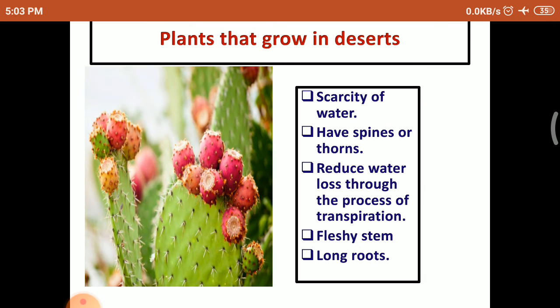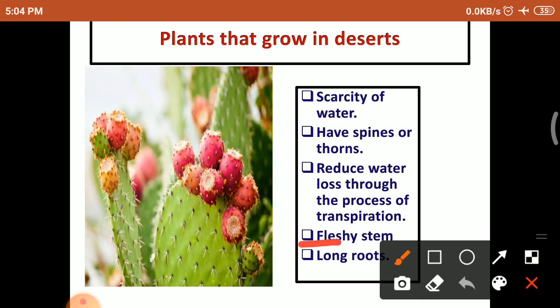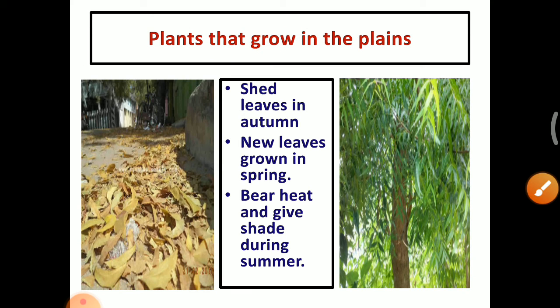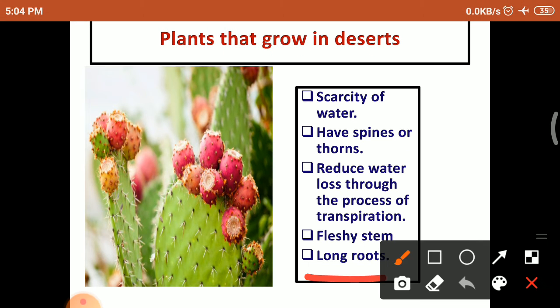And also it has a fleshy stem. In a plain area, if you take a neem tree or peepal tree, these trees' stems are solid, but the plant that is grown in a desert area has a fleshy stem and it has a long root.